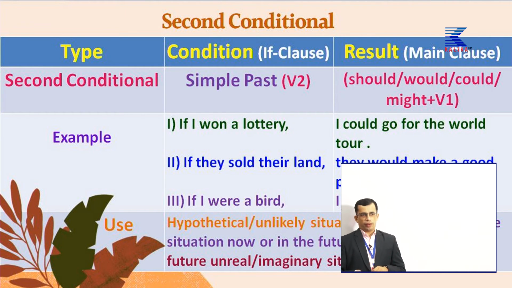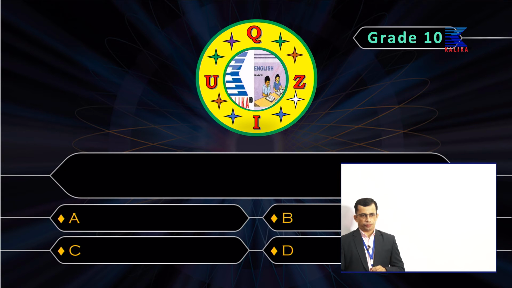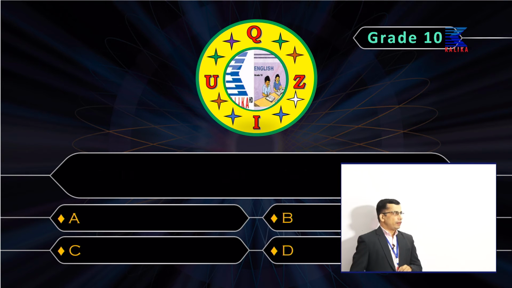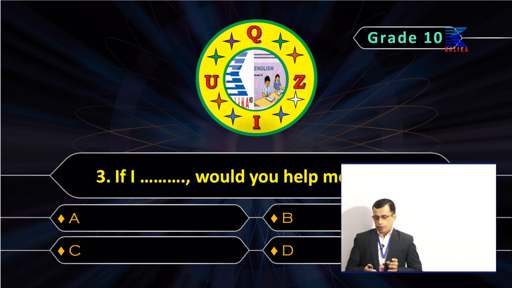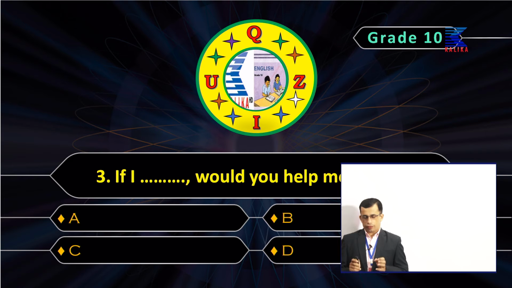Now, please give a try to this question. If I dot, this is in interrogation, the second clause is in interrogation. Would you help me? Okay. If I dot, would you help me? See, in the main clause, what sort of verb has been used?